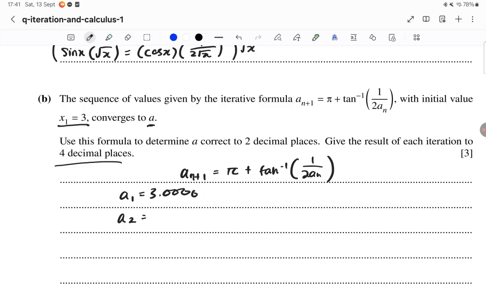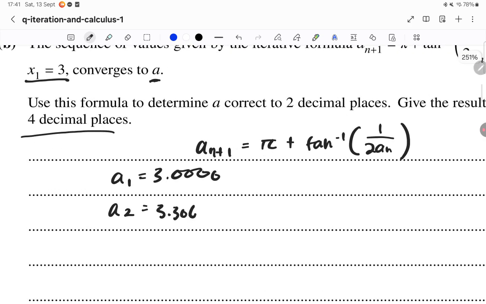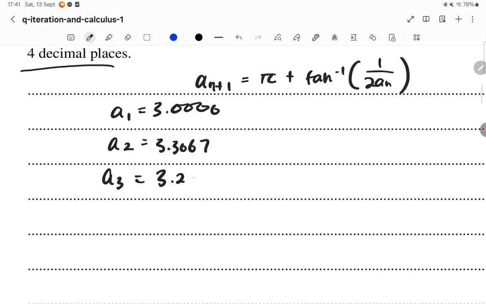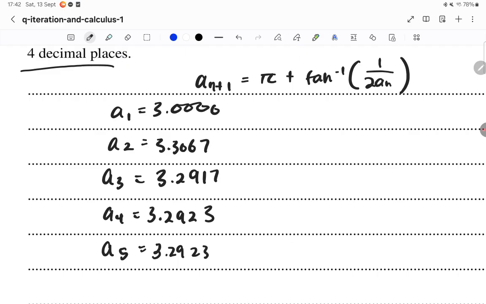Okay, tan inverse 1 over 2 and our root, which gives us 3.3067, and then just complete the next iteration by subbing in the answer into your calculator, which gives us 3.2917. The next iteration gives 3.2923, and the next iteration gives about the same value again as the previous calculation.